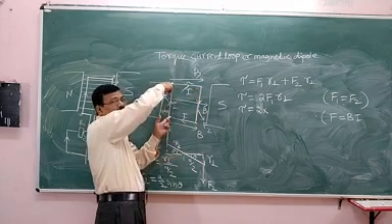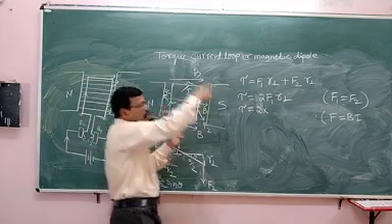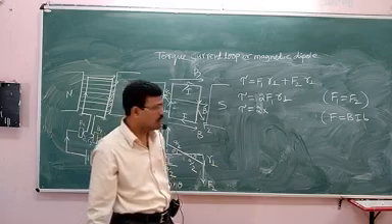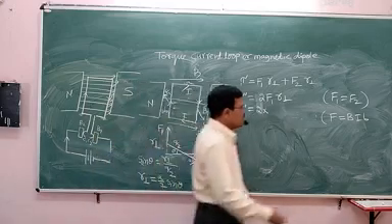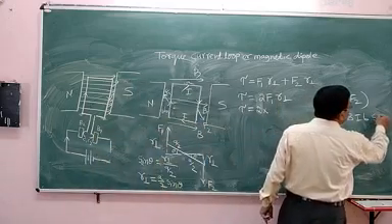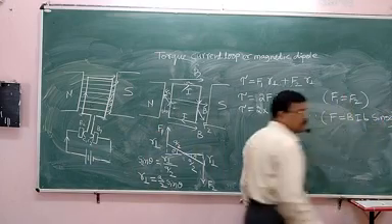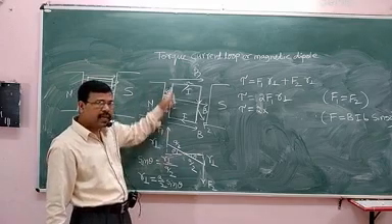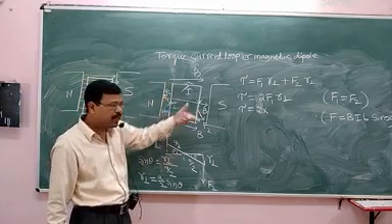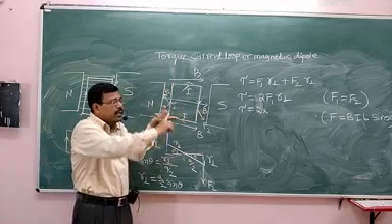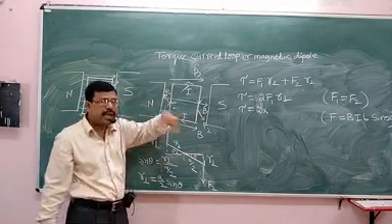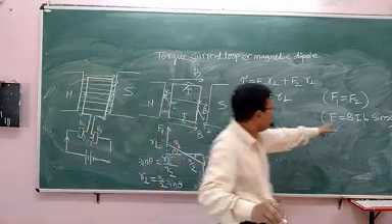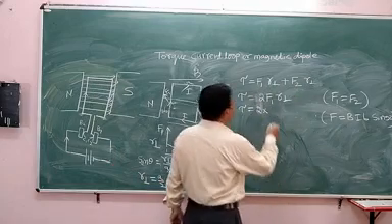Force is exerted here, that is on length B. So in place of L I will write B, sine theta, that is sine 90, because the angle between current and magnetic field is 90 degrees. Sine 90 is 1. So therefore, we can write this as BIB.